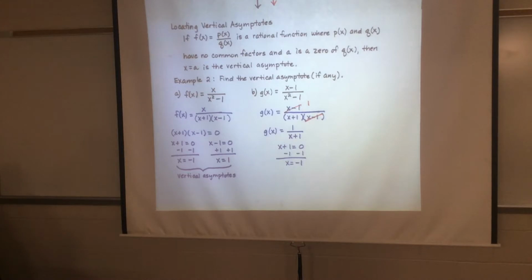So in this case, I only have one vertical asymptote, and that would be x equals negative 1.